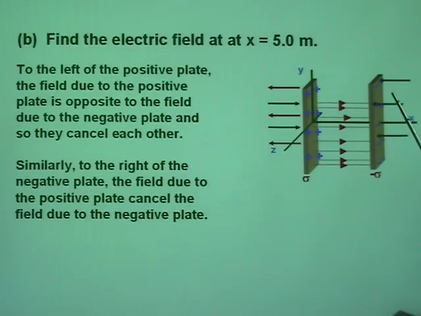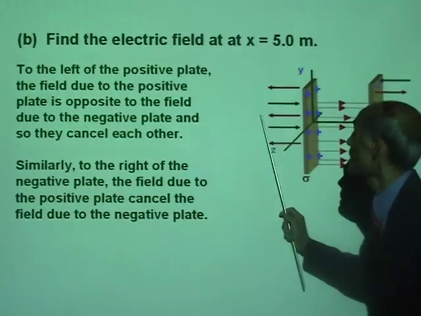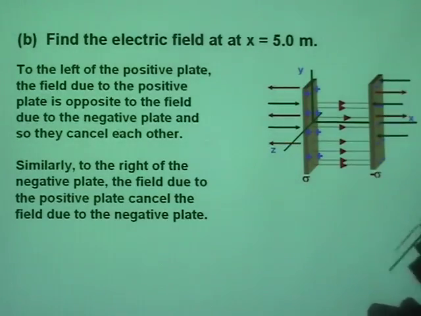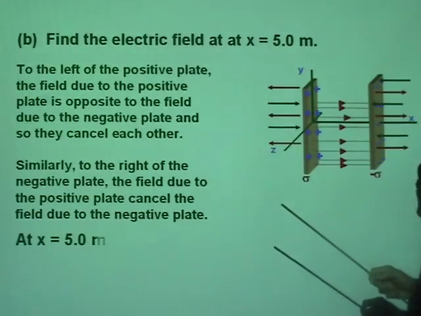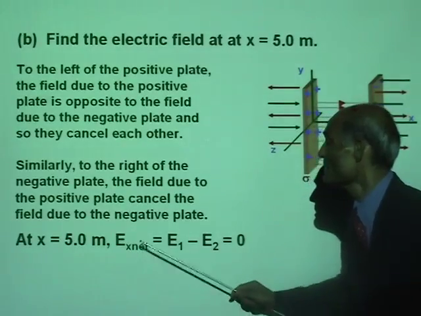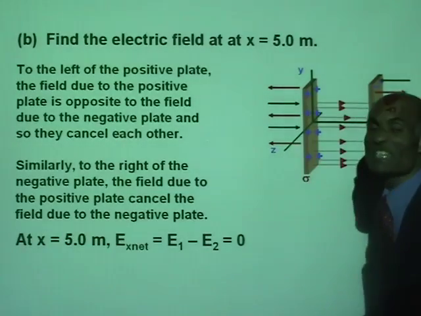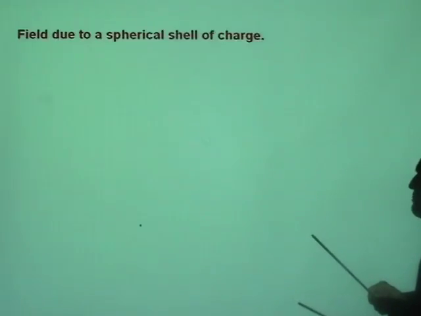The field due to the negative and the field due to the positive will cancel, and therefore any point outside on the left, outside on the right, the field will be 0. There you are. So at x equal to 5 meter, the net electric field will be E1 minus E2, that will be 0.